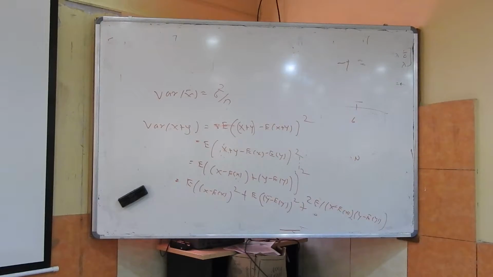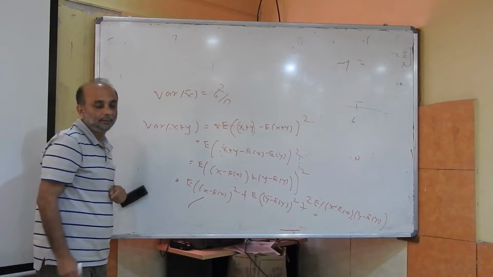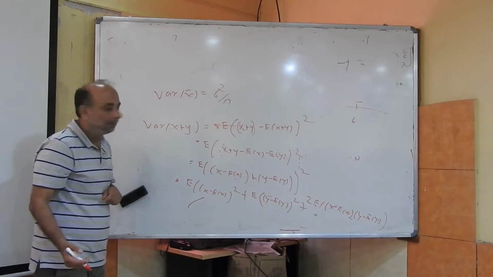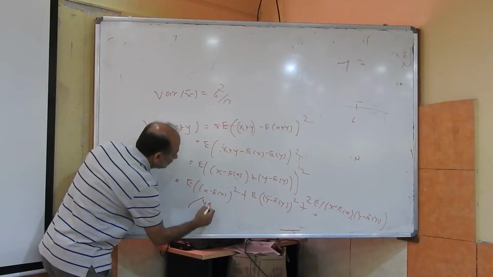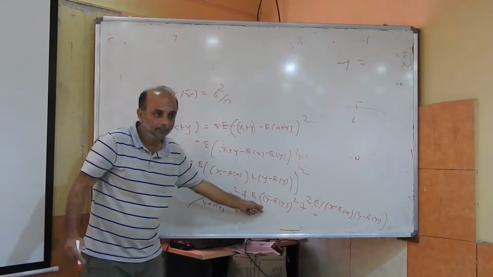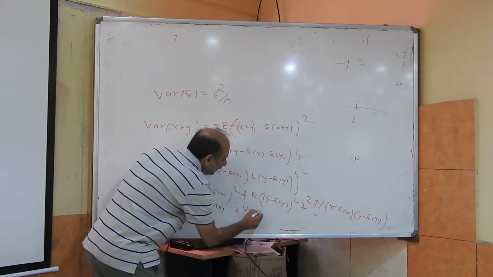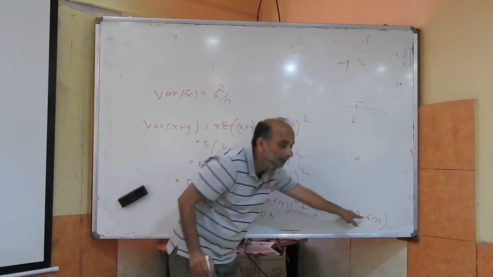Now can you tell me what is the first part? What is this? Variance of x, right? So I will call this variance, and this is variance of y. Plus what is this?